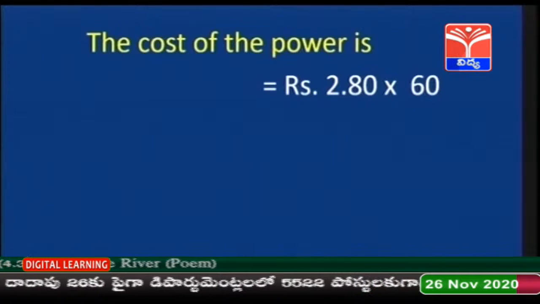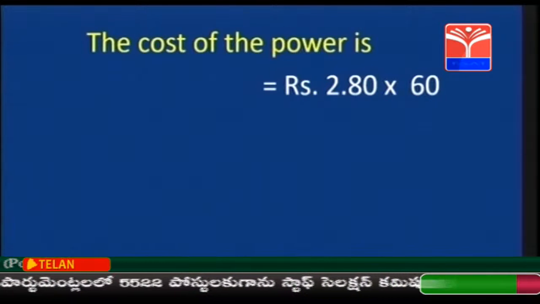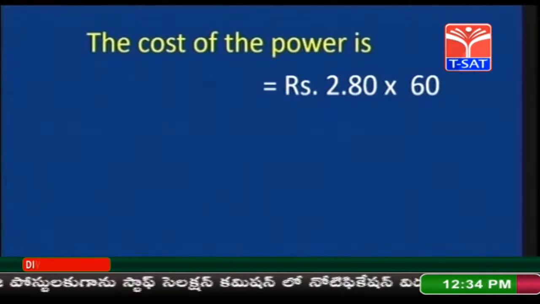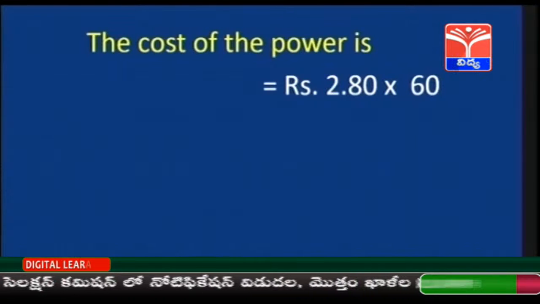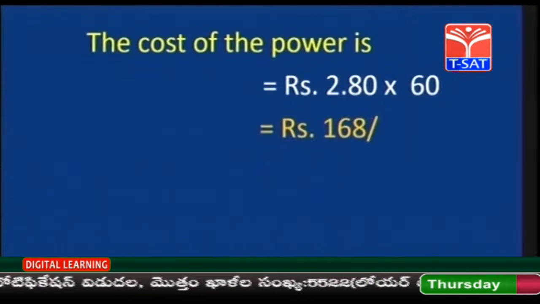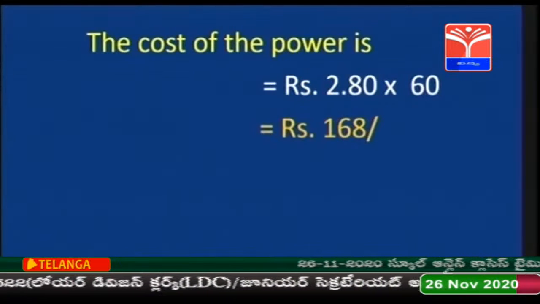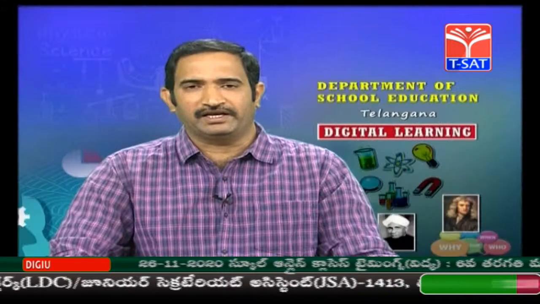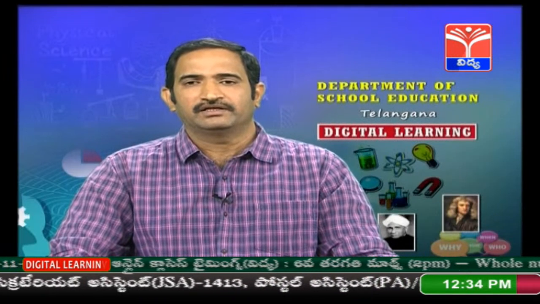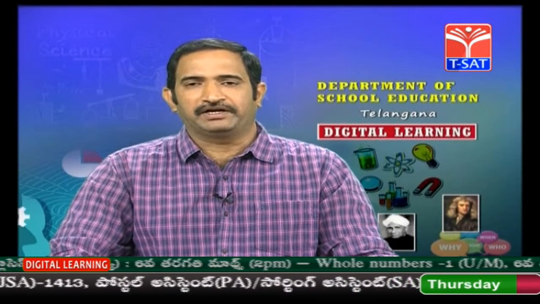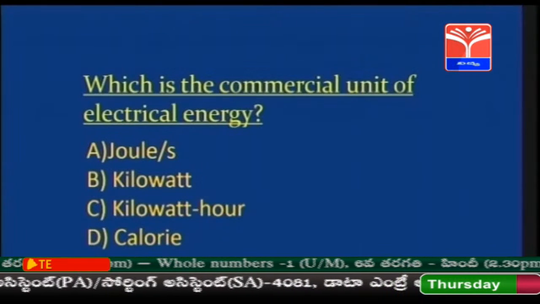Here rupees 2 rupees 80 paise is multiplied by 60 kilowatt hours. In total we get our electricity bill as rupees 168. Now in this way we calculate the meter reading and power at our house.